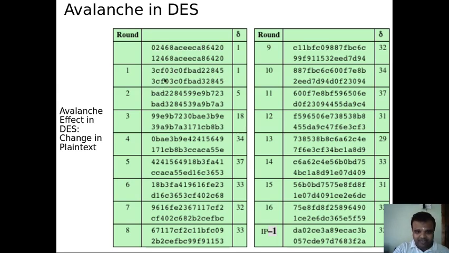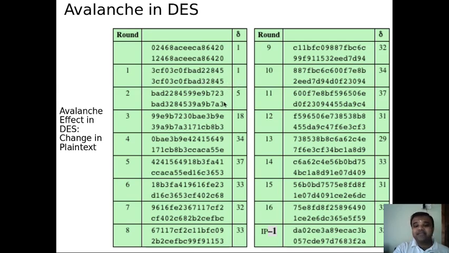The second line shows the output for the changed data. So 1246 gets encrypted after one round into this particular bit stream. See, there's only one bit change over here. So after one round of operation, there is one bit change.